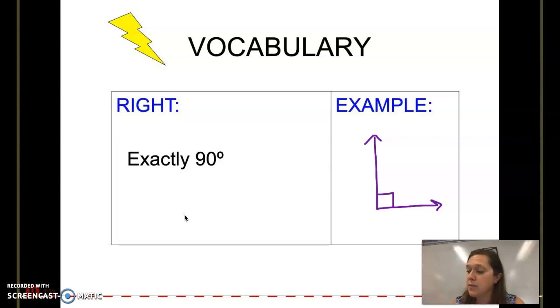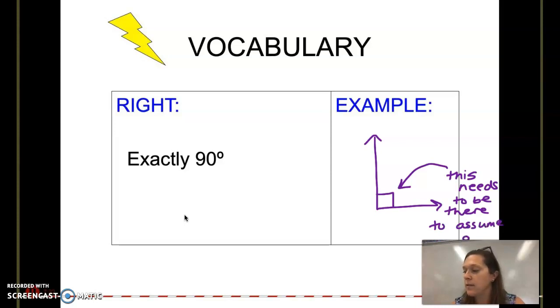For you to be able to assume that you have a right angle, you need to have that square inside. So this needs to be there to assume 90 degrees. Okay, so make sure we put that box there.